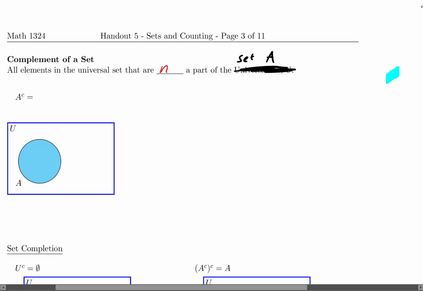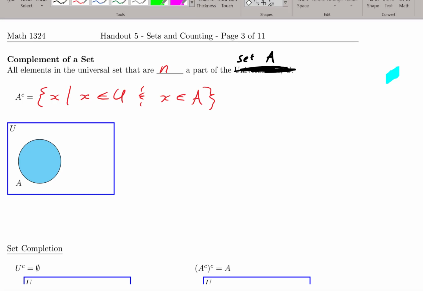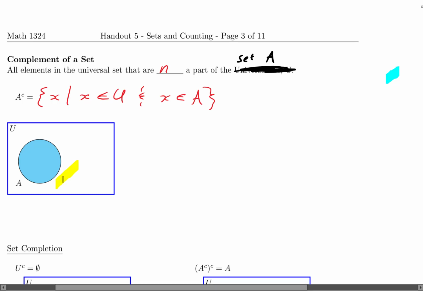So A complement would be X such that X is an element of the universal set and X is not an element, let me redraw that, not an element of A. So A complement would simply be everything in my yellow highlighter right here.